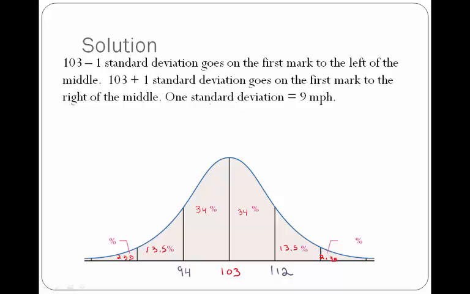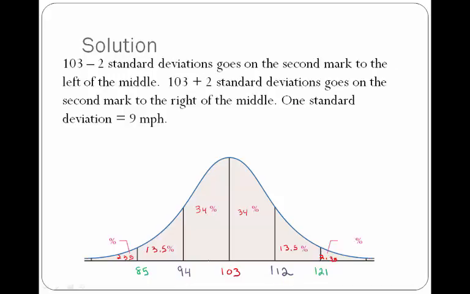But remember, a standard deviation is 9, so we want to take 103 minus 9, and we get 94. That goes in the first standard deviation below the mean, and 103 plus 9, 1 standard deviation of 9, gives us 112 for a standard deviation above the mean.